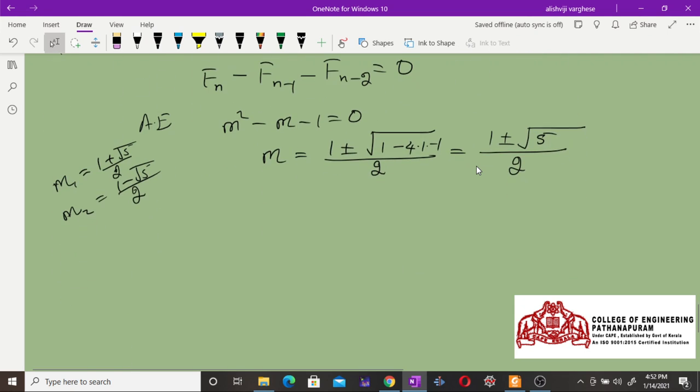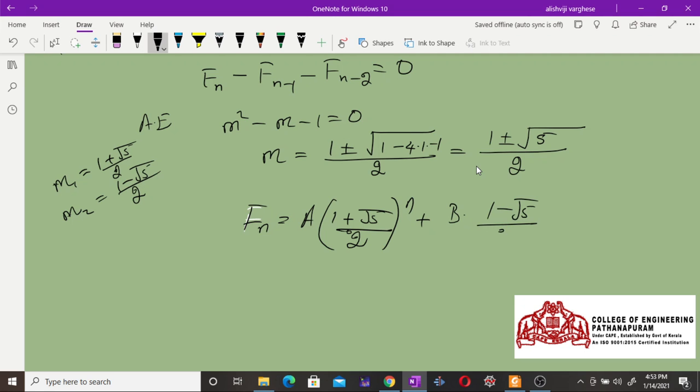Now, if we substitute that in the general form of our solution, the solution for our Fibonacci series is F_n is equal to a into (1 plus root 5 divided by 2) to the power n, plus b into (1 minus root 5 divided by 2) to the power n.